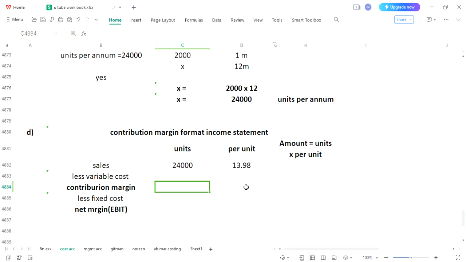It's impossible that you are manufacturing 20,000 or fewer units and selling 24,000. Please understand, we are not traders. We are with financial management or cost accounting. Under cost and management accounting, we will never be trading. We will be manufacturing. So right now we are a manufacturing concern.